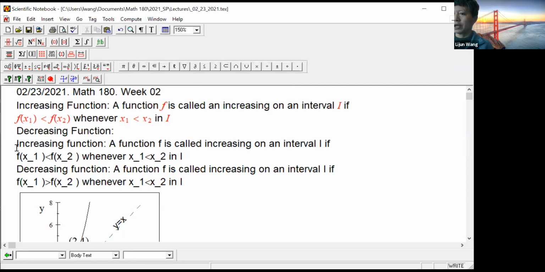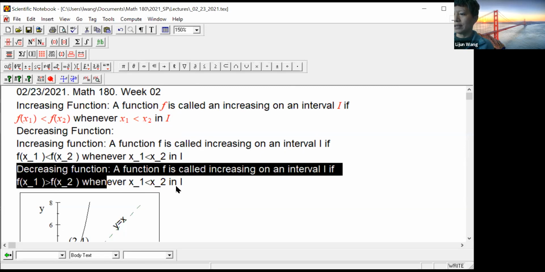So take your time to write it down and think about what it is.